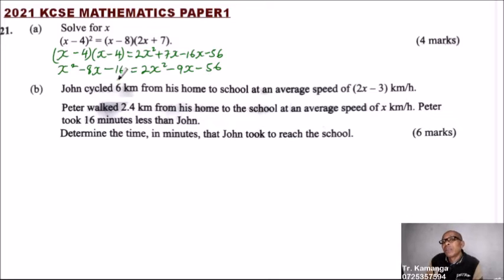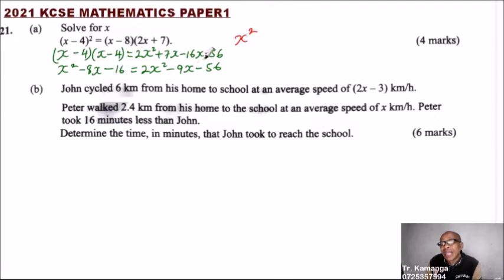So with that, we bring all this to the other side. For example, x squared, you take it to the other side, becomes negative. So we have 2x squared minus x squared, we will be left with x squared. 8x crosses the other side, it becomes positive.